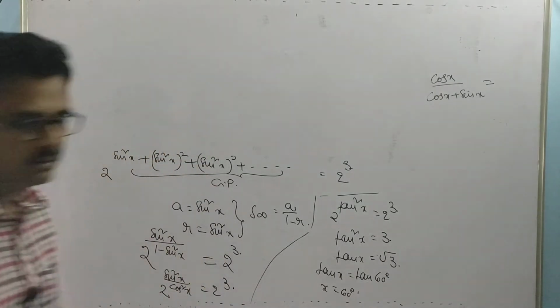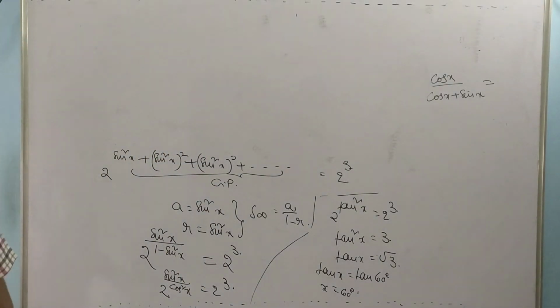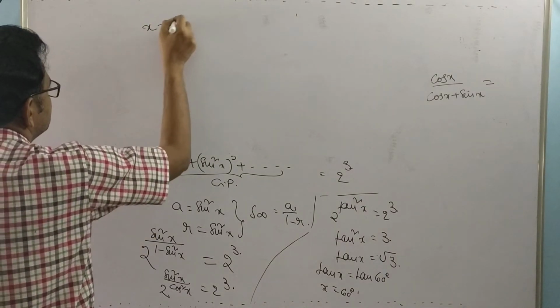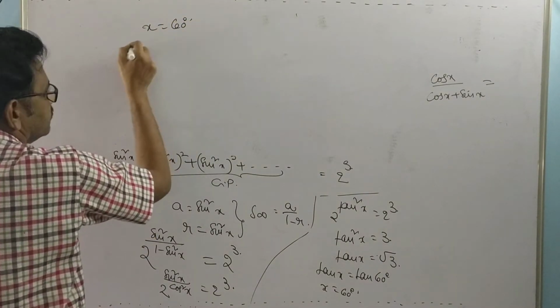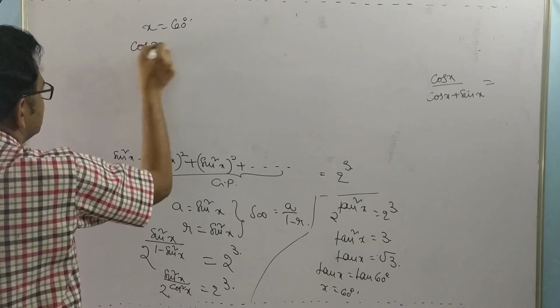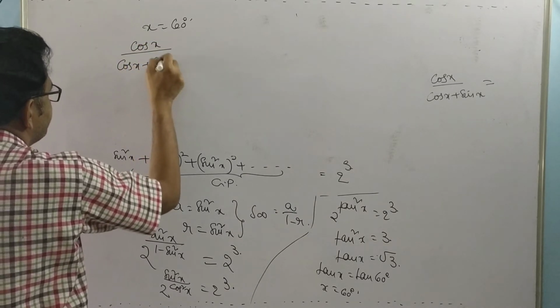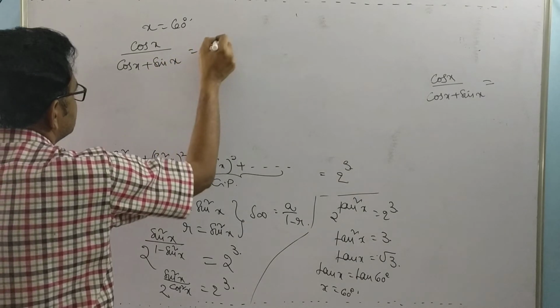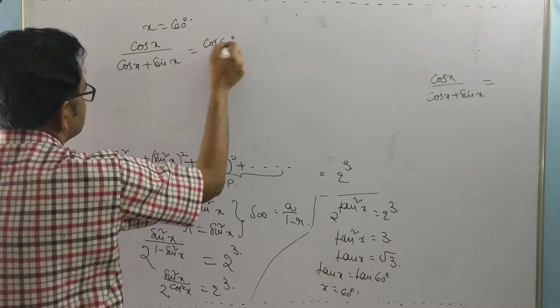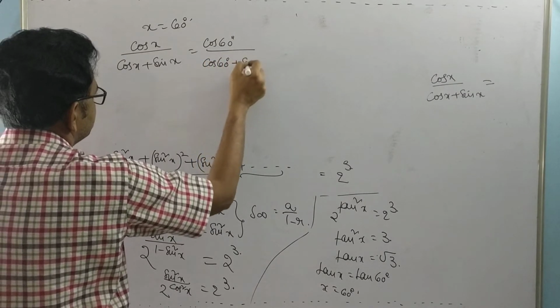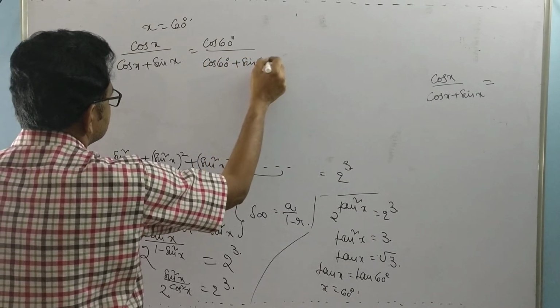Now we have to find cos x by cos x plus sin x, where x equal to 60 degrees. That is cos 60 by cos 60 degrees plus sin 60 degrees.